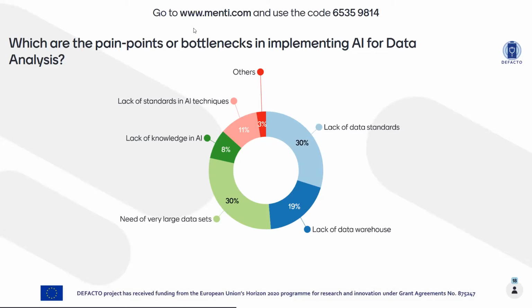So why do you think there is this big misconception that people think they need very large data sets? Yes, because this is what is being used. It's being said in the press, in general.